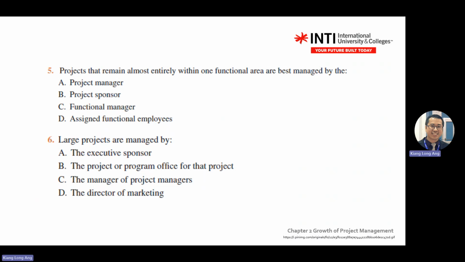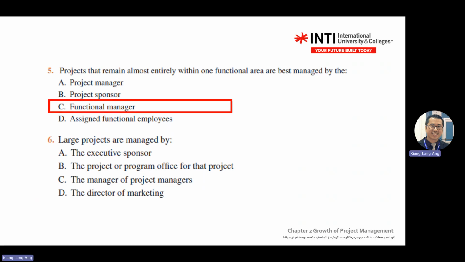Just now I did explain the role of sponsor, so of course not sponsor. What is the project manager's role? What is the main task? If you're assigned as a project manager, what's your role? Make sure the project succeeds. You communicate, right?